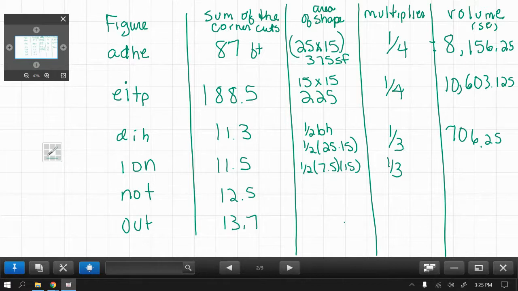So, oh, I see one put theirs together. They actually did the 11.5 and the 12.5, added it together and had 24. So somebody realized these two were the same.